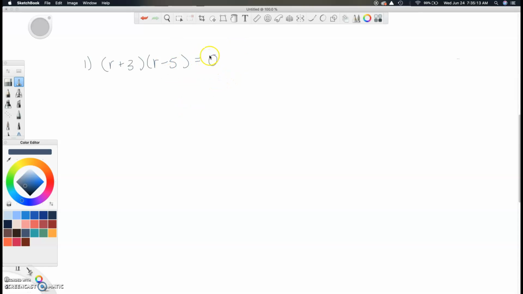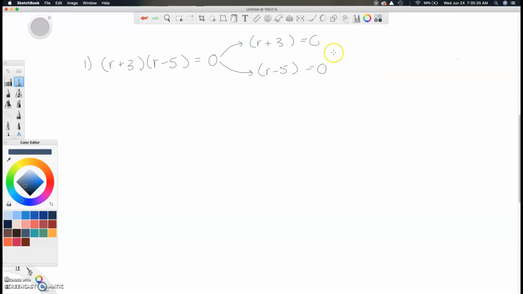Remember, you're looking for all instances where this product equals 0. So you take each parenthesis: r plus 3 equals 0, and then r minus 5 equals 0.